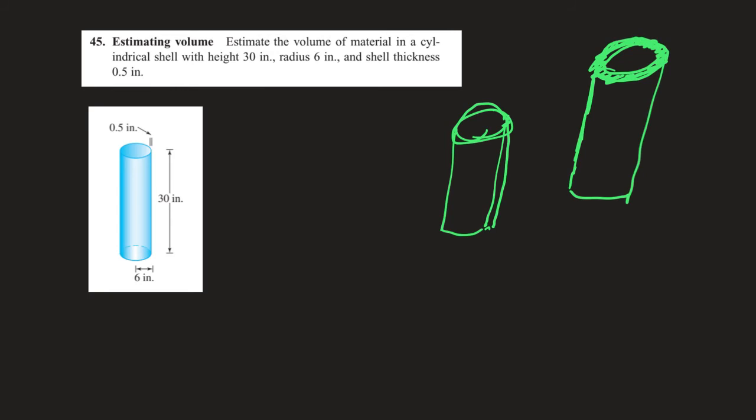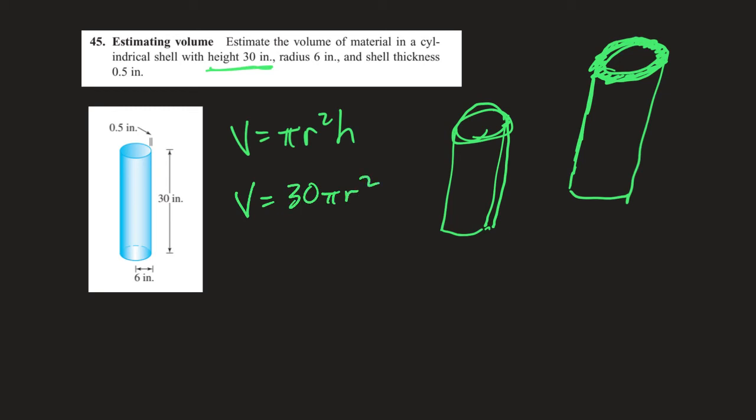If we just take this in terms of its geometric properties, the volume of a cylinder is pi r squared times h. In this equation, the height is actually a constant. It's not changing. Only the radius is changing. So I can rewrite this equation as 30 pi r squared.